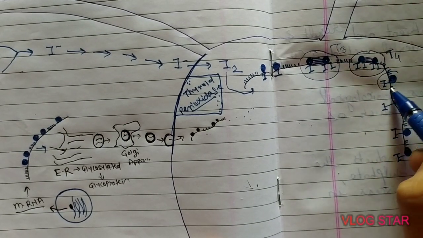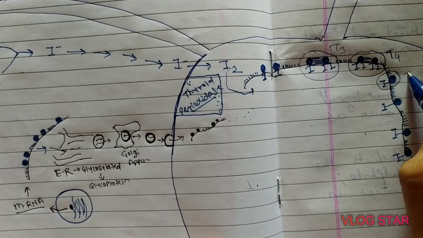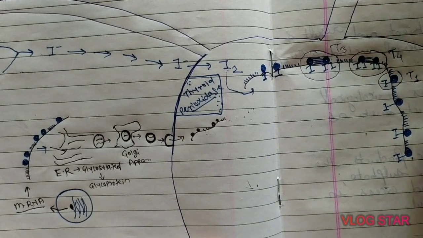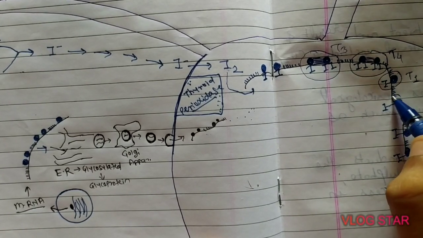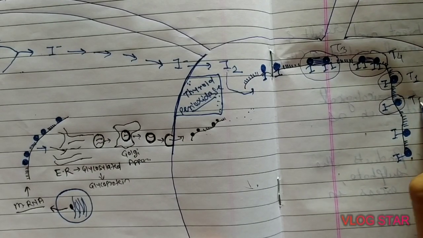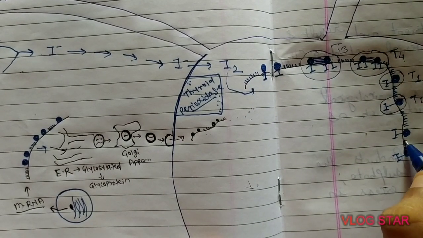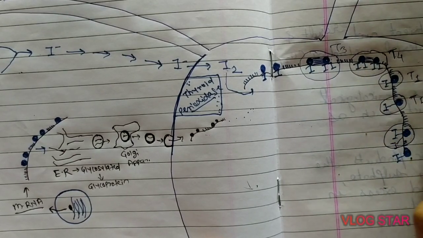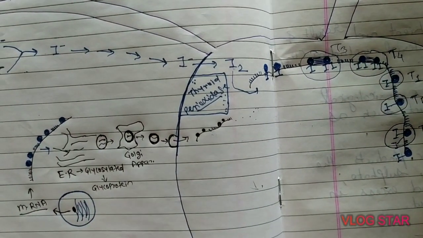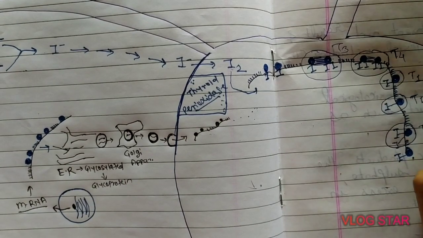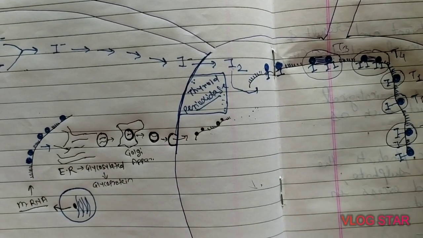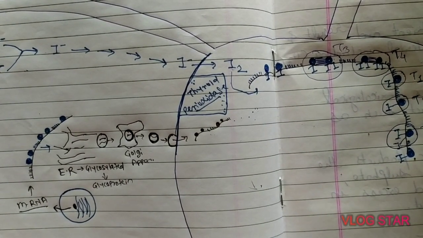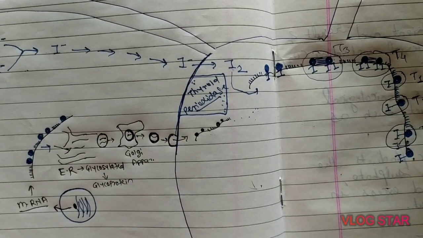This is called the T1 molecule, theoretically. This is called the T2 molecule. So this is monoiodotyrosine, that is MIT, and this is diiodotyrosine.